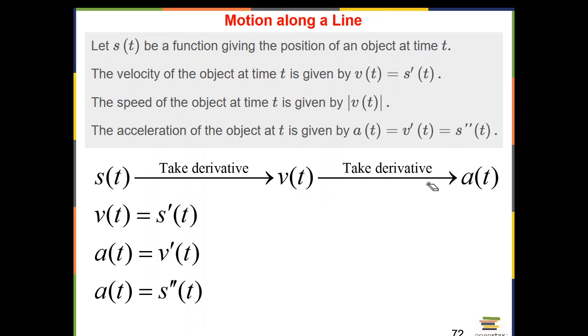Now in chapter 5, we're going to learn how to go back. If we are given acceleration, how do we find velocity? And if we are given velocity, how do you find position? And that is called integration. This is called differentiation, and this is called integration. They're two parts of calculus.